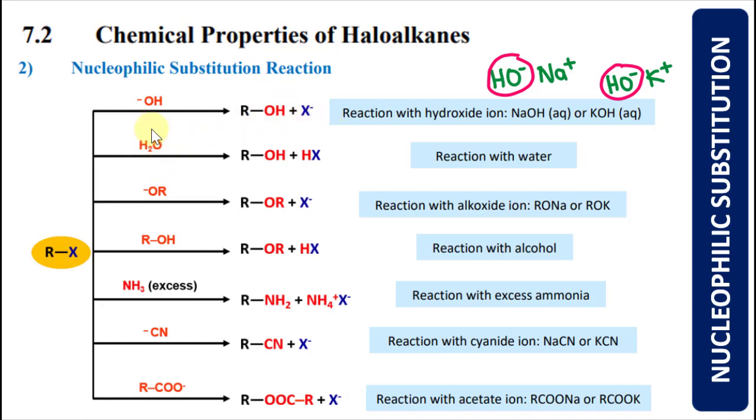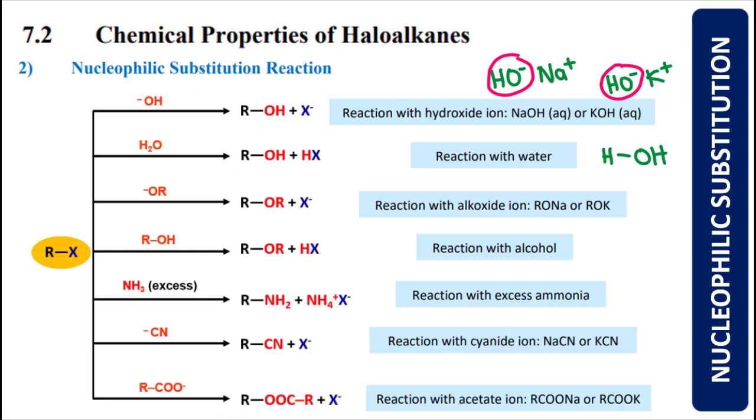The second nucleophile that we have here is water. For the reaction with water, same as the first reaction here, the reaction with water also will give us an alcohol.